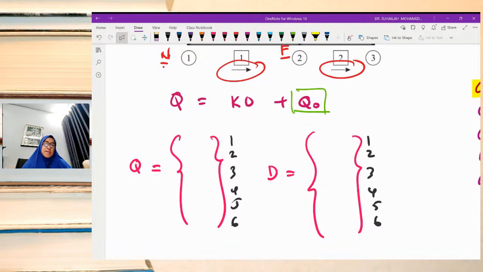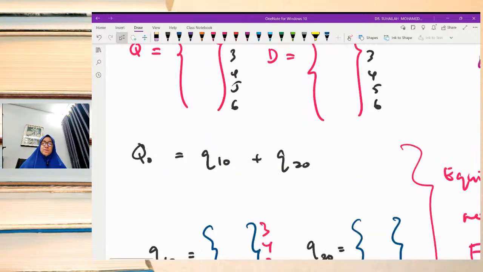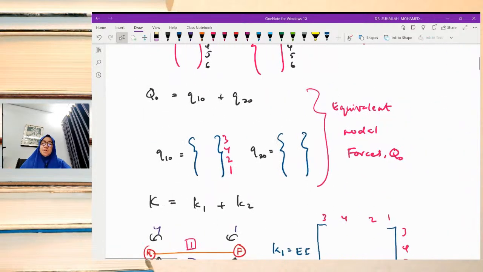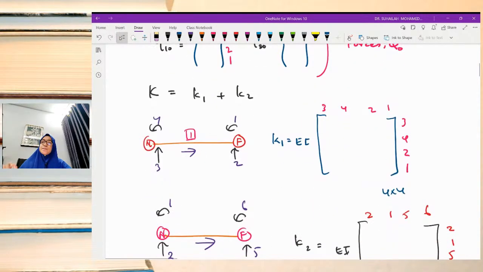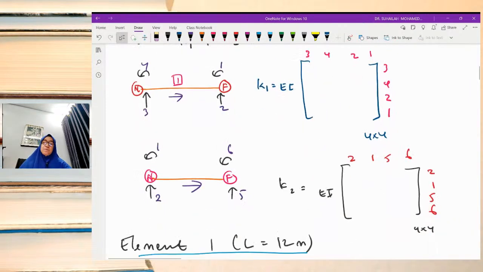When we distribute the member loading, it is called equivalent nodal forces. The labels for equivalent nodal forces are the same as what we label in K1 and K2.